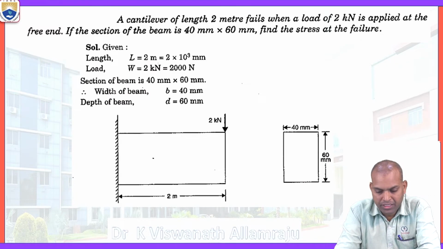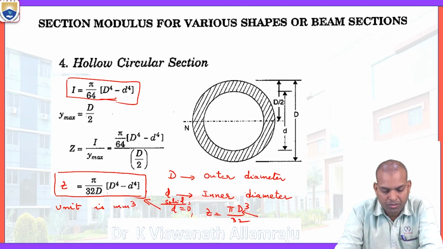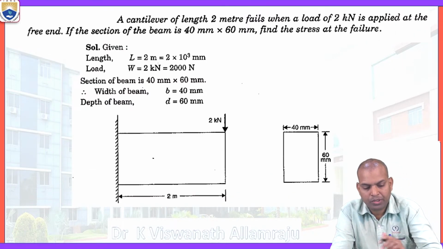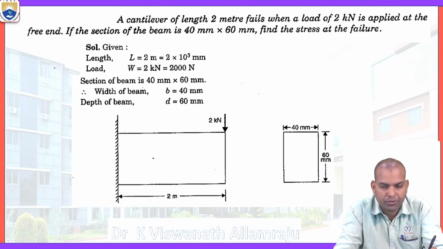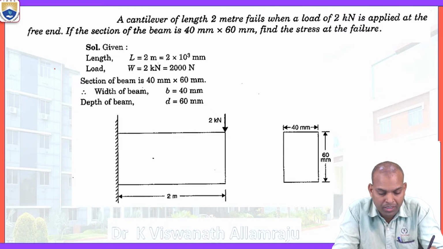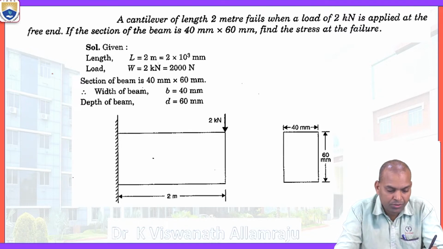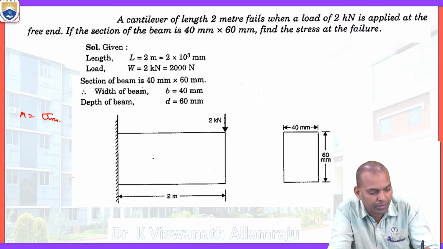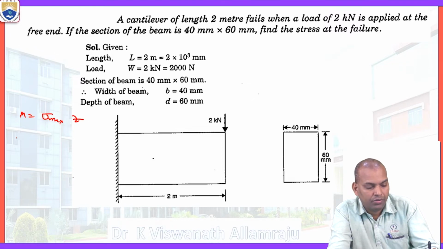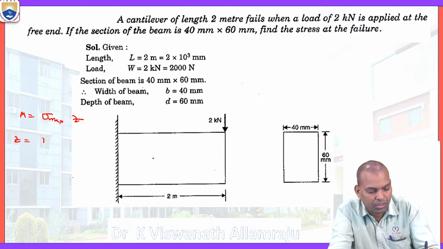So these are the various sections we have studied, section modulus of various sections. Now let us solve some problems by using these formulas, whatever formulas we have learned or proved. Mainly the formulas used here are M equal to sigma maximum times Z, where Z equal to I by y max.